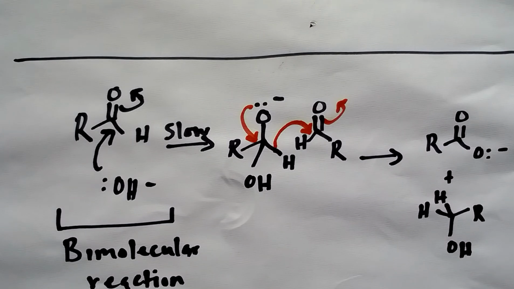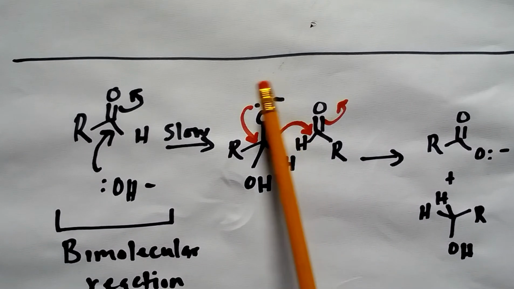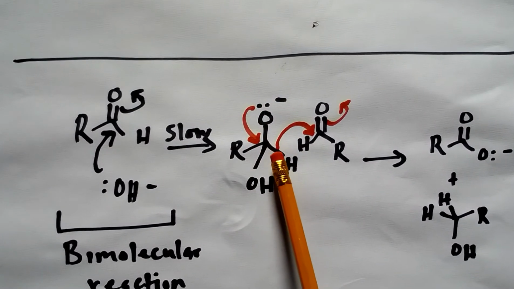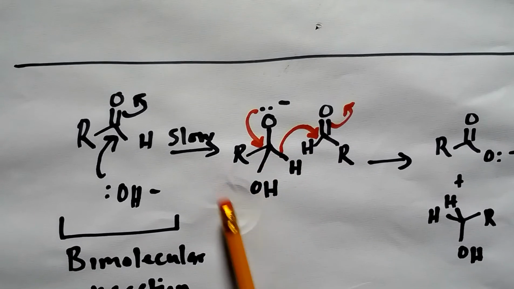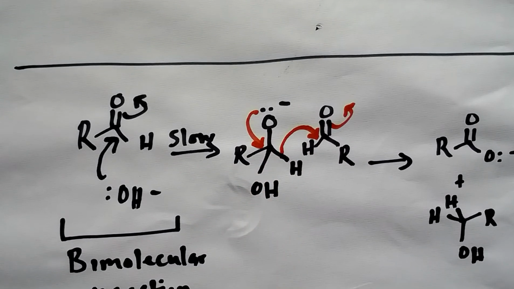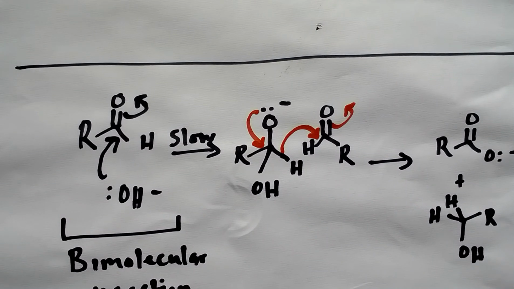In this case, though, the lone pair of electrons here makes the hydride a good leaving group compared, for example, to the hydroxy group. So these are the two issues that we have in this mechanism: that it is a second order reaction in the rate determining step, and the hydride transfer.